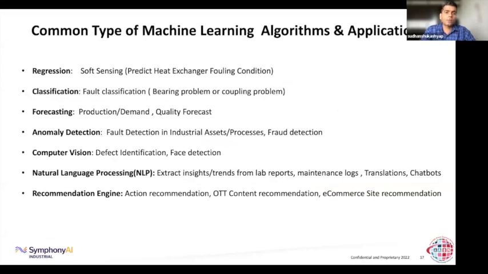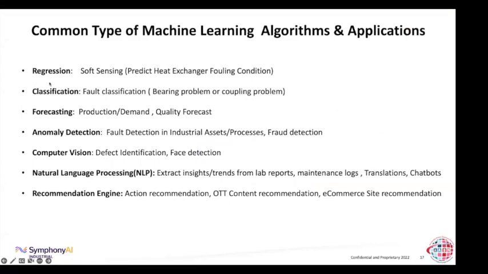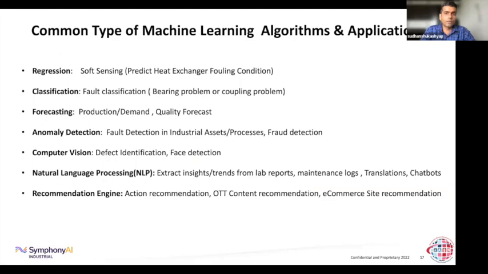Now that we have learned about supervised and unsupervised learning and the different kinds of learning algorithms, let's look at common types of applications. It starts with regression, which is very simple. You would have done it many times in Excel, fitting a curve to data, and that is basically regression. In the industrial domain, we could apply it to do soft sensing using advanced machine learning algorithms.